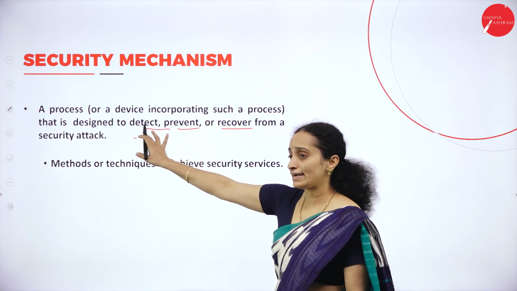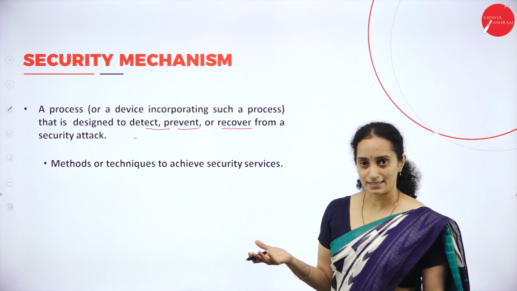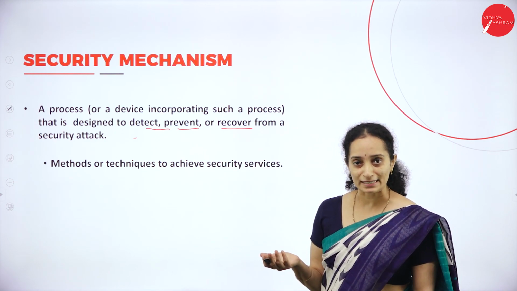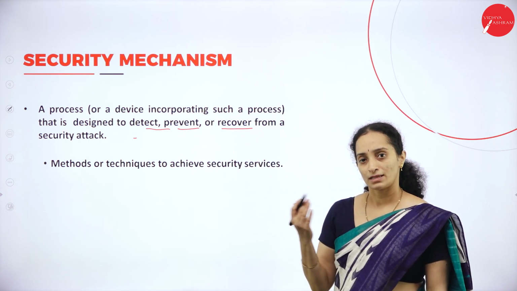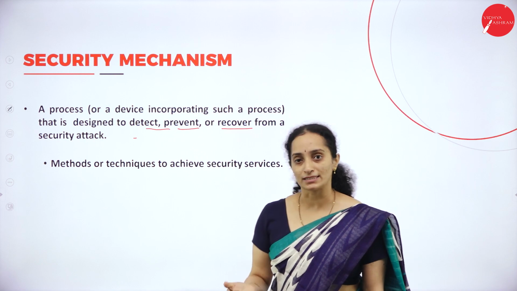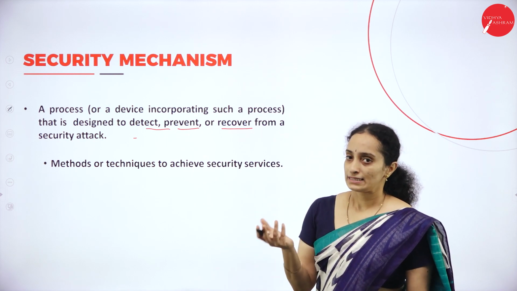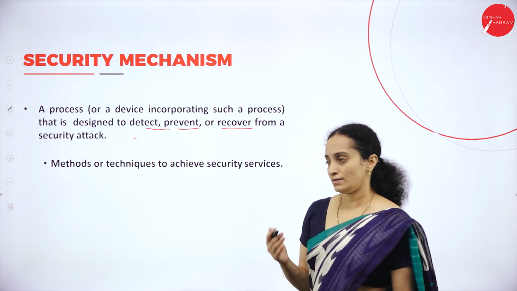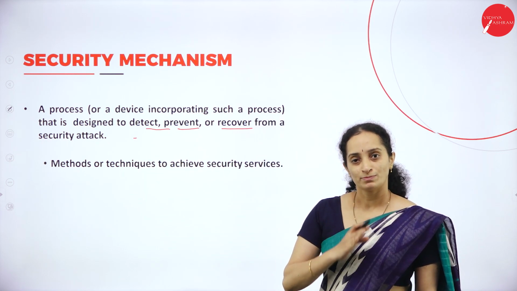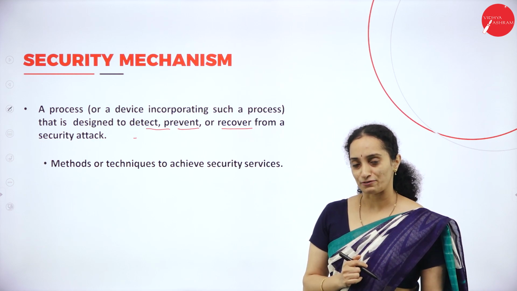If you have not detected it, you cannot prevent it, is it not? And the attack has happened. What is the next step you can take? At least we can recover from the attack, recover the lost or changed data to its original form to maintain the integrity of the data.